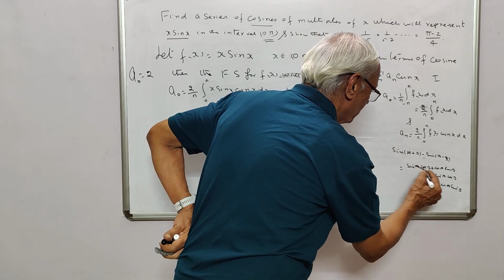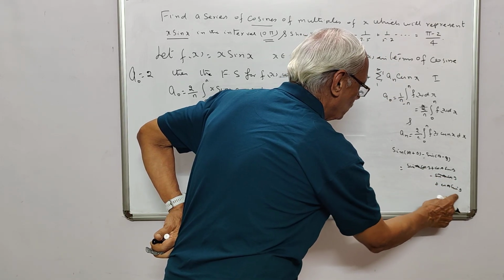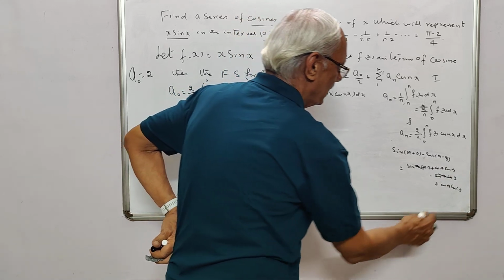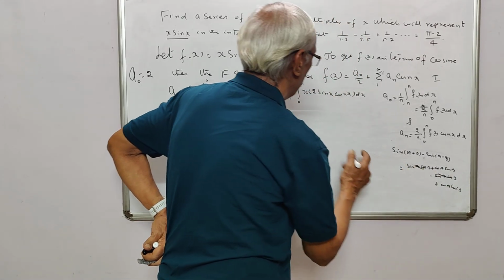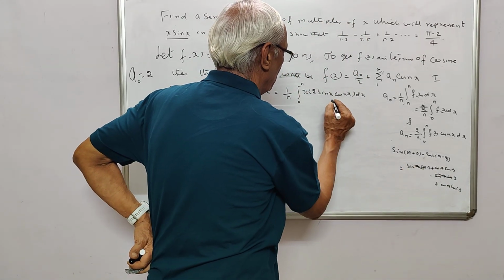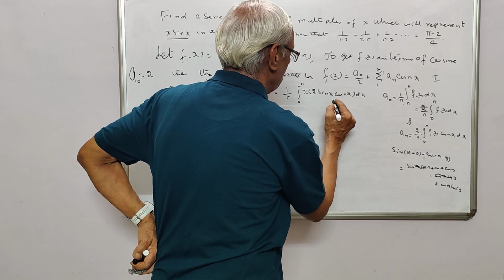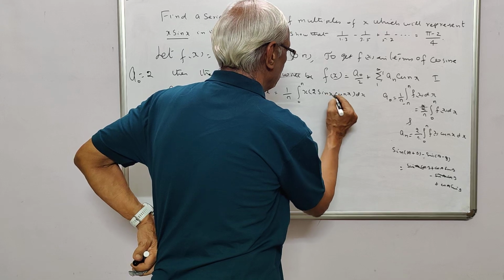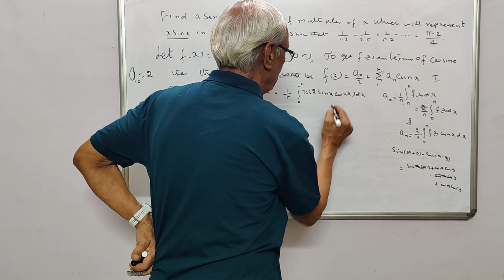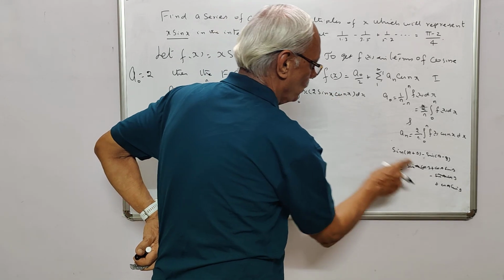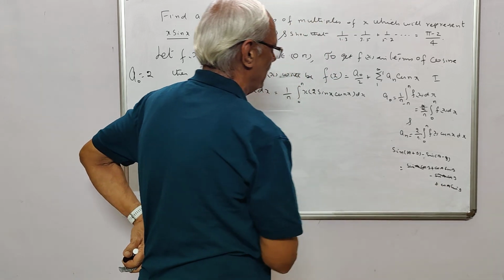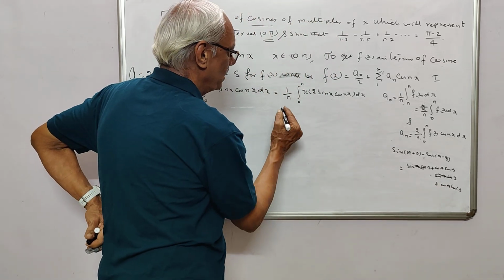So you see that these two will go, giving you 2 sin b cos a. So you take this as your b and this as your a. So what is it that you will get here now?